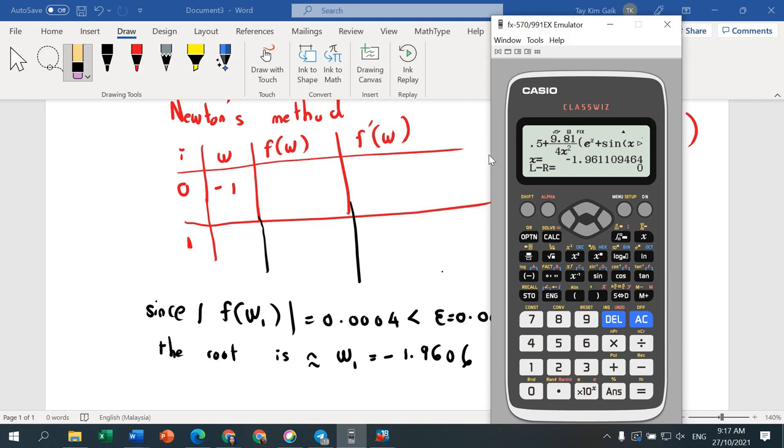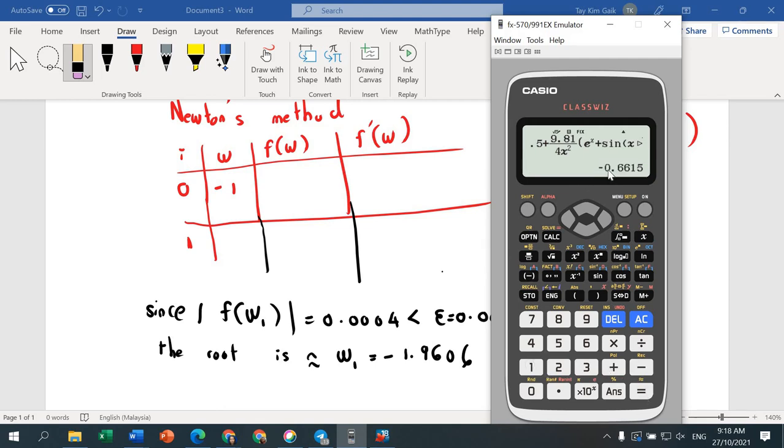But if you use a calculator, once you want to change the initial condition, you have to recalculate everything again. Luckily my formula is still here. So now I calculate here, for negative 1.